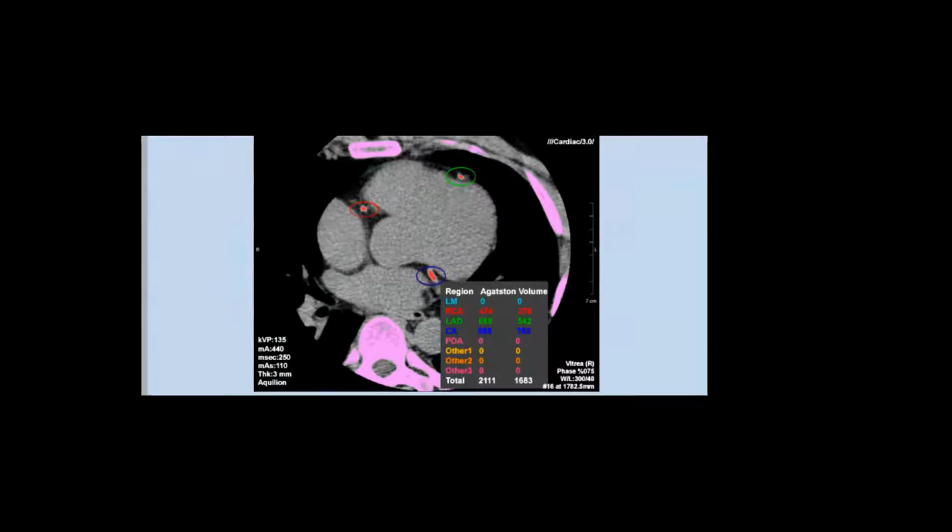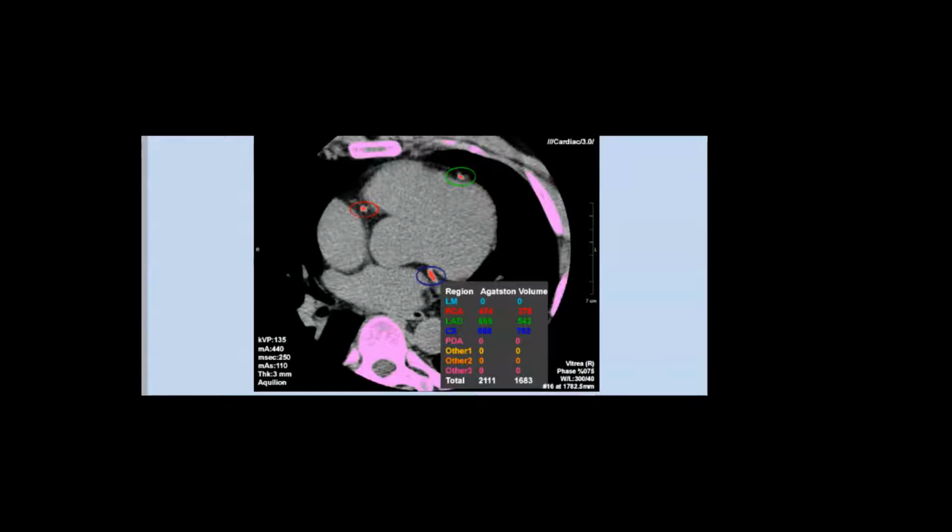According to the likelihood, after the greatest probability and the likelihood, you can go for calcium scoring. Exactly. So coronary calcium scoring reflects the load of atherosclerosis.